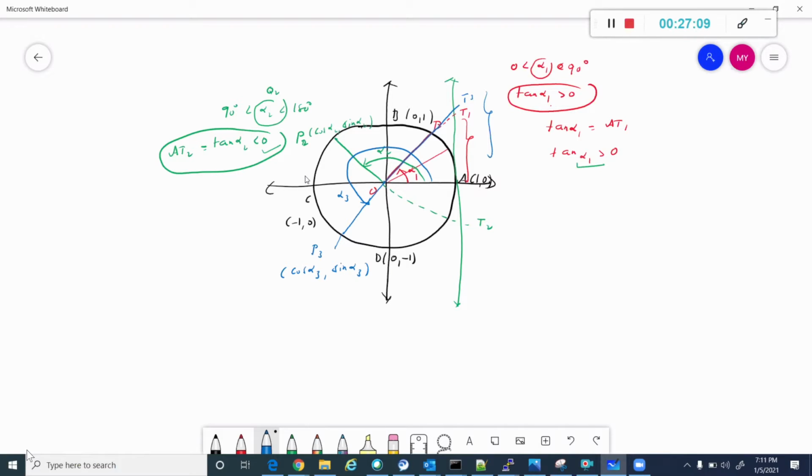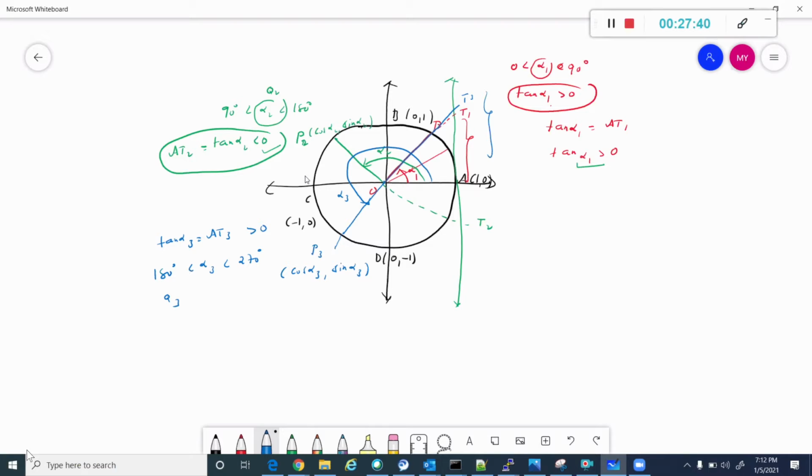Your tan alpha 3 is equal to AT3, which is greater than 0 in Q3, where your alpha 3 lies between 180 degrees and 270 degrees. For tan alpha, we have to visualize this AT3 line.